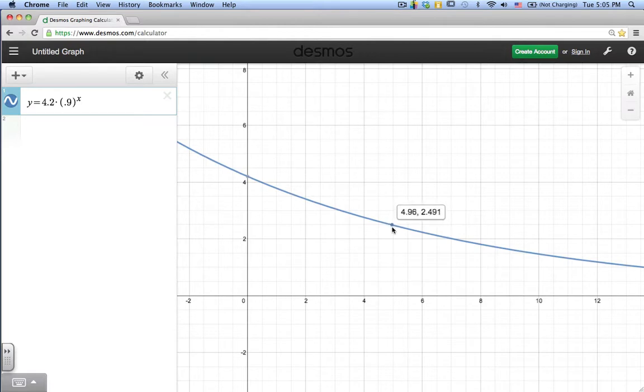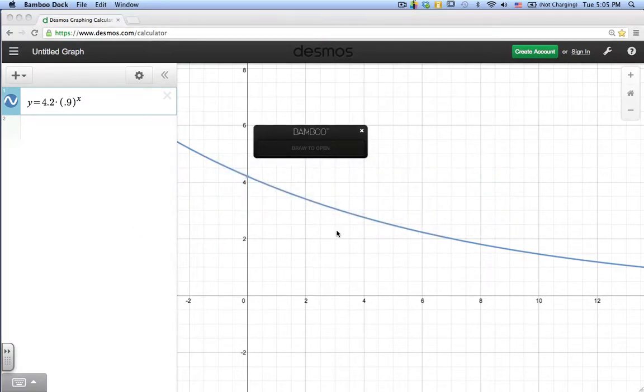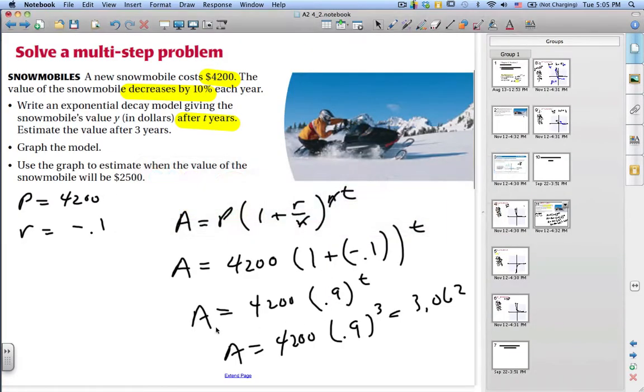You can see it's going to be right about 5 years. There we go with 2.5, 4.9 years. So we could say that's 5 years. So at approximately 5 years.